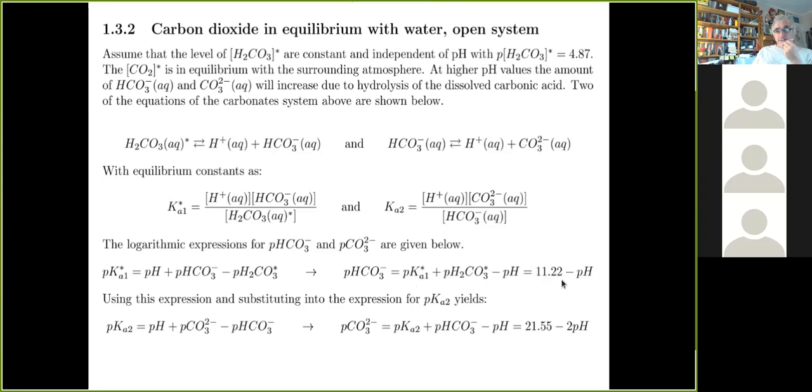So this is the simplified straight line formula for the pH CO3, and similarly here, taking that formula, pH plus PCO3, it's the product here, and then minus. So isolating PCO3 two minus using that one, but then I use that value here. So we get this simplified straight line equation.